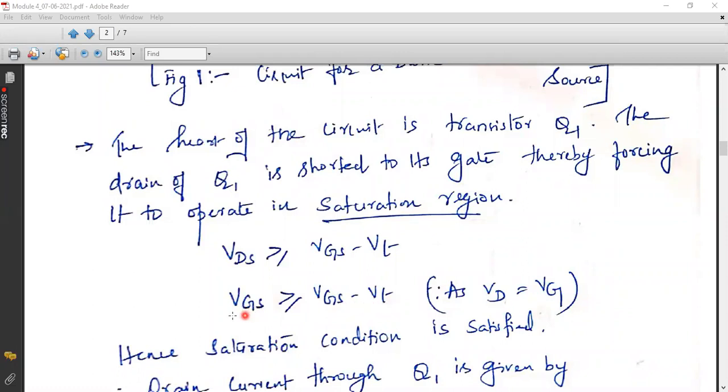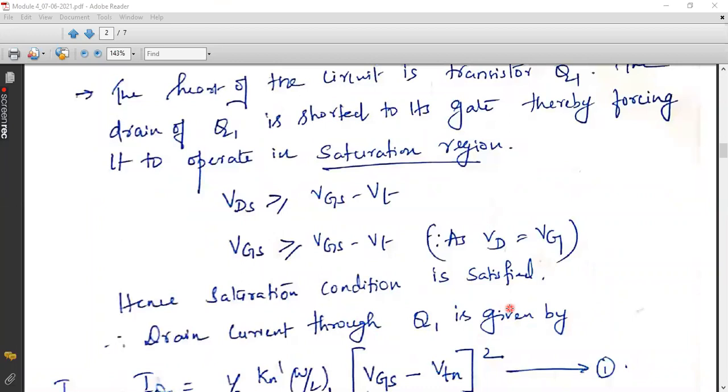Now if you see this equation, the left-hand side is obviously greater than the right-hand side, because the left-hand side is just VGS, whereas the right-hand side is VGS minus the threshold voltage. Therefore, the saturation condition is being satisfied.